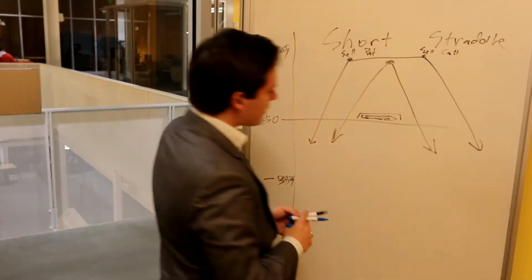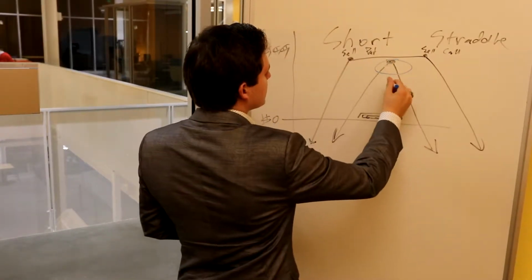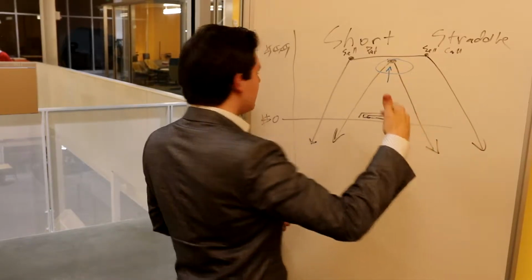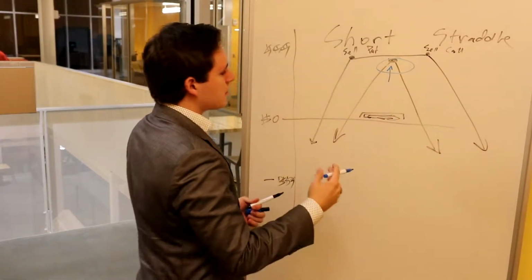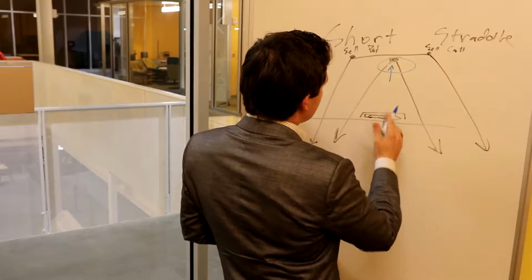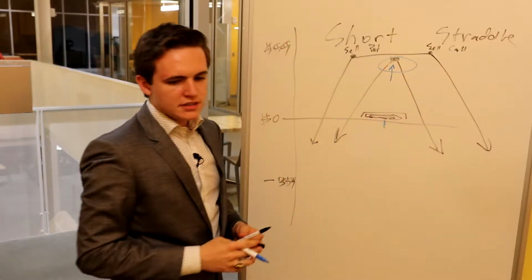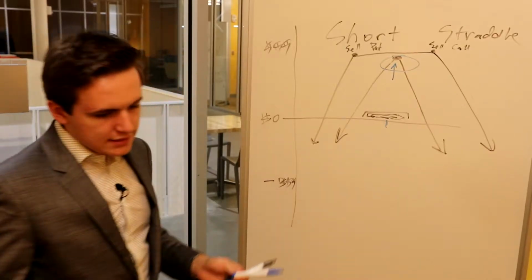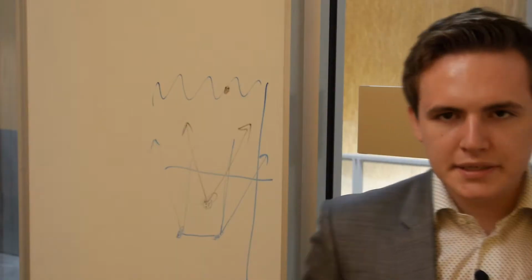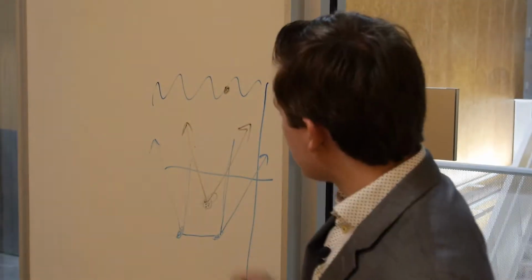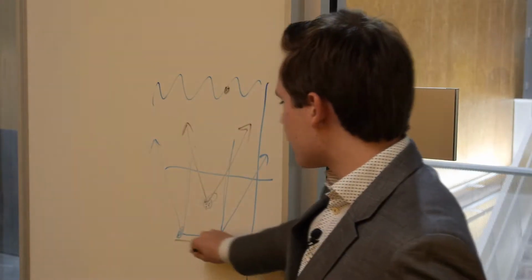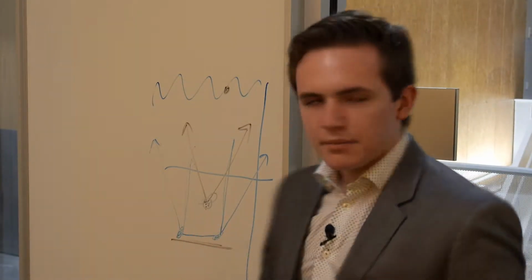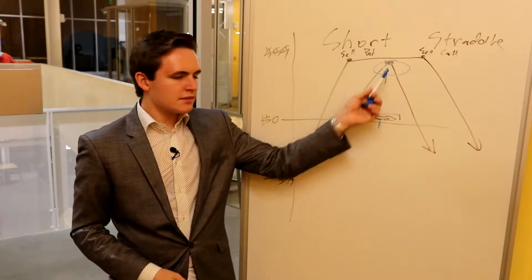But with a short straddle, it makes sense to go right here in the middle because remember, you're getting paid to write the options. So you're going to get paid more when you sell in the money calls and in the money puts closer towards that spot price most of the time. So just look at it on a stock by stock basis and figure out if it makes more sense to spread out your call and your put, or if you want to keep them in the same spot.